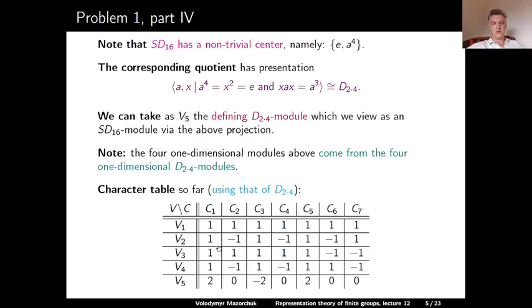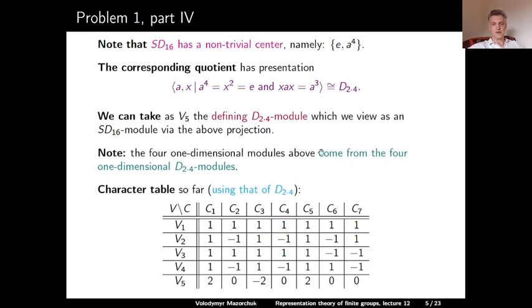V2 has -1 at the places where we have a and x, and then we have to figure out what the values of the other elements are. Similarly, V3 is defined so that a acts as 1 and x acts as -1, and then we have to figure out the rest. And V4 is given by a acting as -1 and x acting as 1, and we have to figure out the rest.